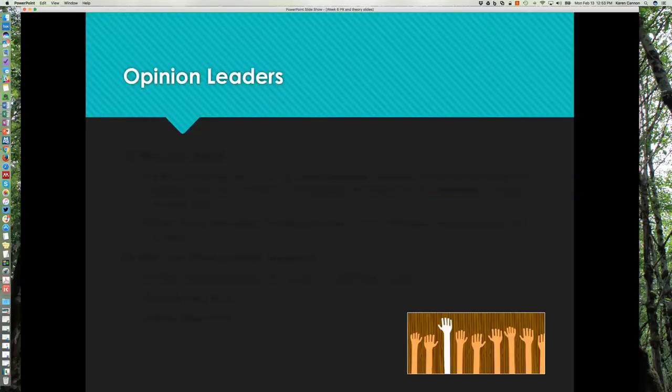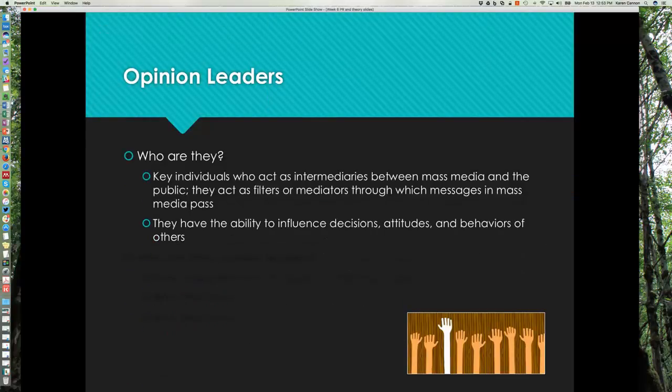But specifically talking about opinion leaders and who they are, these are people who act as what are seen as intermediaries between mass media, so you saw that little chart on the last slide, and they're sort of the filter or the mediator through which these mass media messages pass.